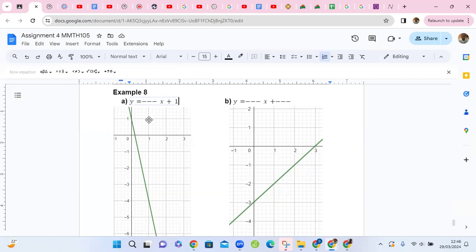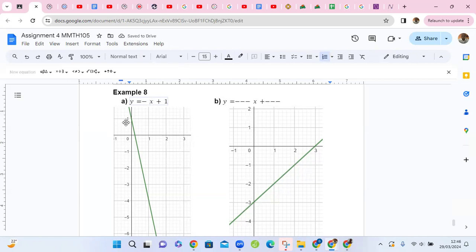By how much we go down will give us the gradient, because we increased x by 1. So we are going down 1, 2, 3, 4, 5. Each centimeter cube is 1 unit. Since we are going down, the gradient is a negative number.